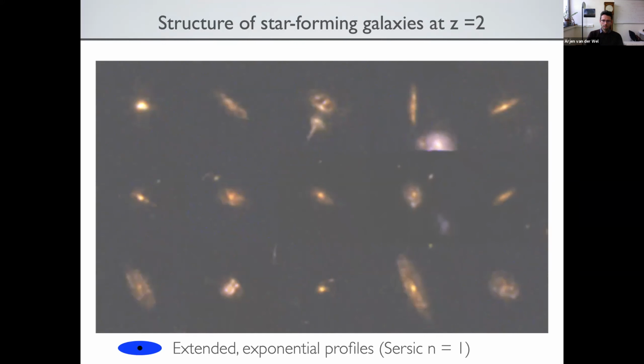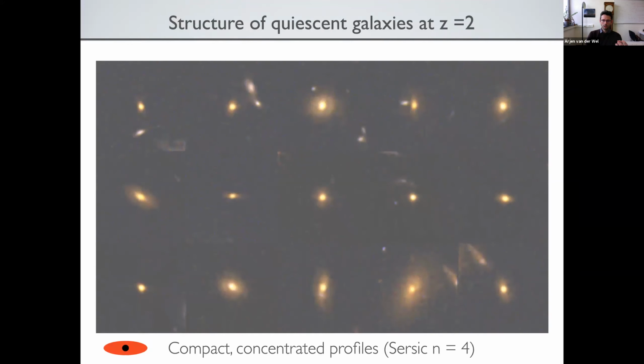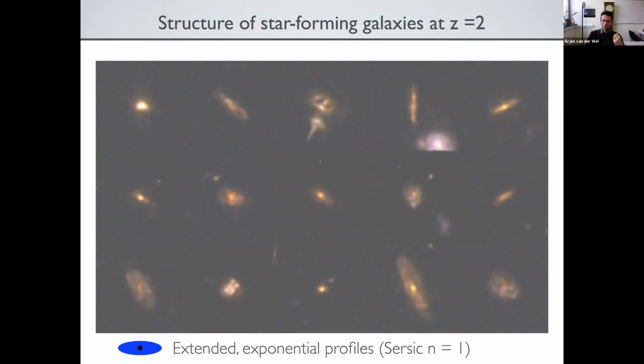You see how different these things are in structure, right? These are generally large, these are generally compact, with very high central surface brightnesses and very high central mass densities. If you go back and forth, that's the most striking difference between the two populations: high mass density in the center versus low mass density in the center.